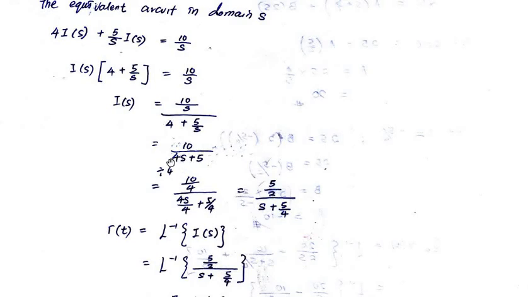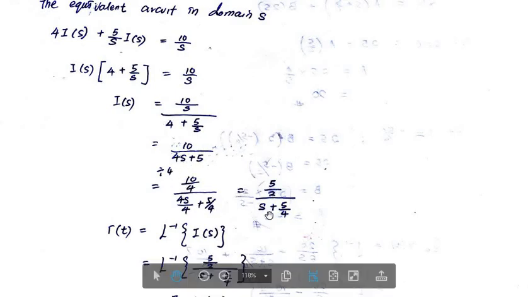For example, 5s plus 2: you must divide the s by 5, and the 2 also divided by 5. In this case it's 4s plus 5, so everything is divided by 4. So you get a single s here: 2.5 over s plus 5 over 4.